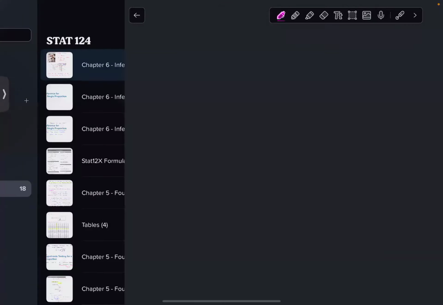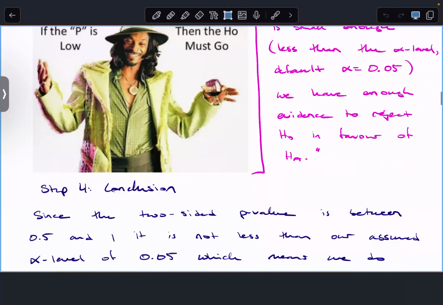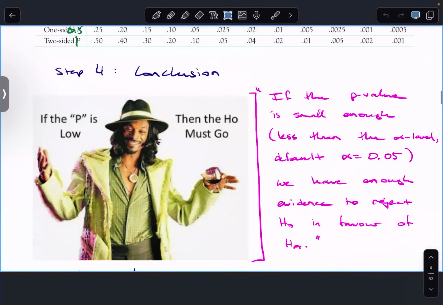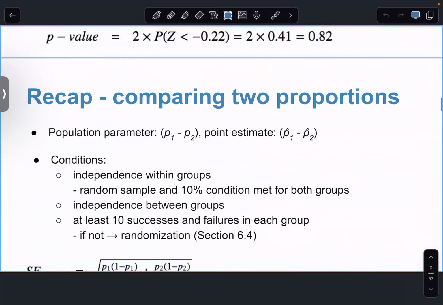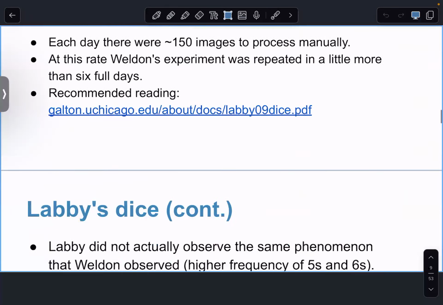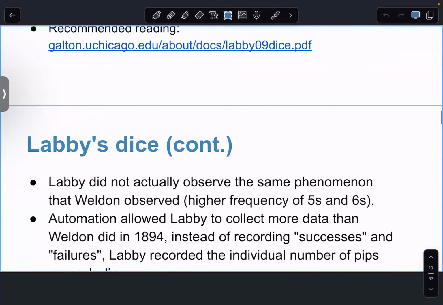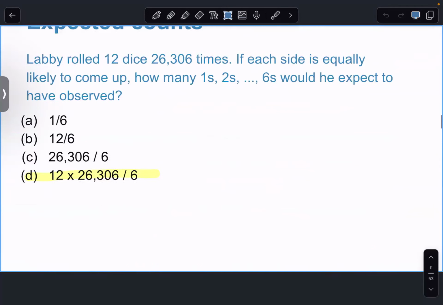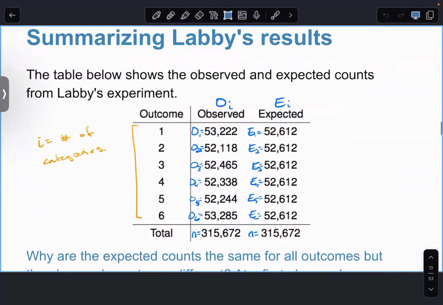Recently, my imagination is nil. Let's see here. Goodness of fit, blah, blah. You know what?